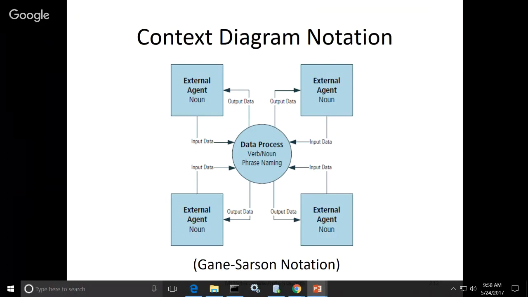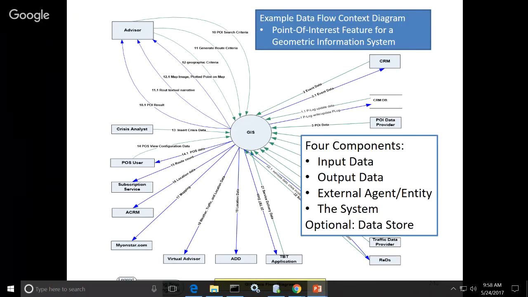Okay, and we looked at this. This is a context diagram where the entire geographic information system is at the center, and the app on our phone is called the advisor. And then there's a lot of other information feeds going into the GIS system. So this is literally what powers our app that we take for granted.